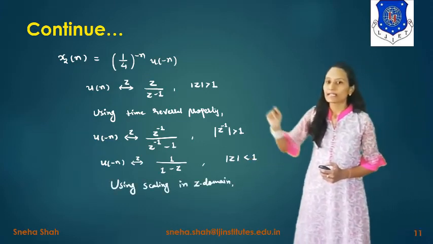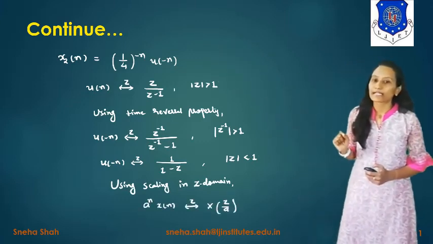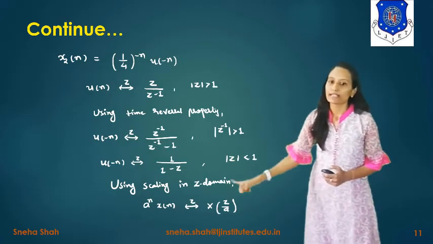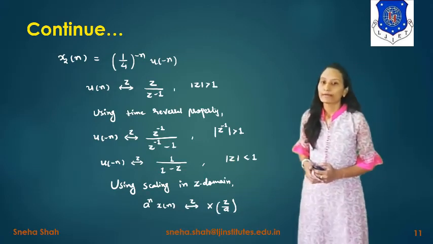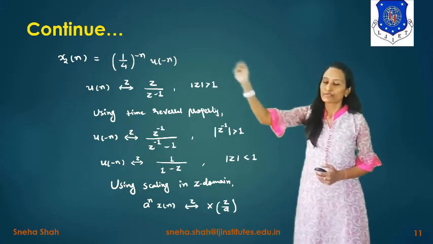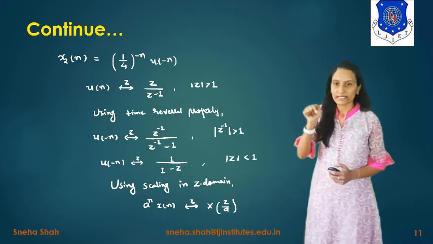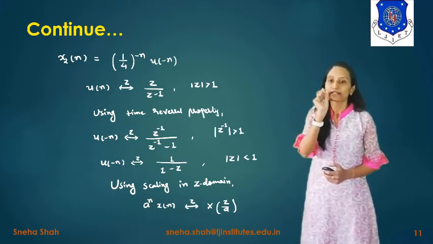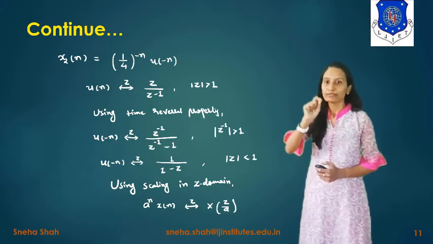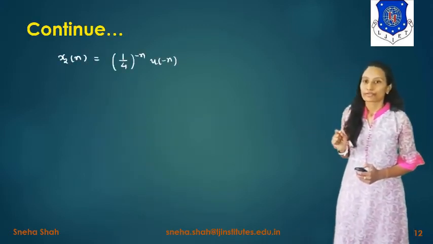Now the next term is (1/4)^(−n). So using the scaling property in the Z domain, a^n x[n] has Z transform X(Z/a). You can see that (1/4)^(−n) converts into the form (4^(−1))^(−n), so 4^(−n)^(−1) means 4^n u[−n], right? So the value of a equals 4.